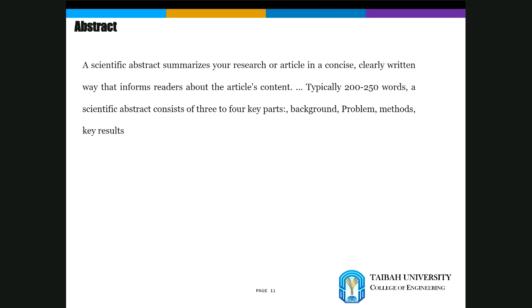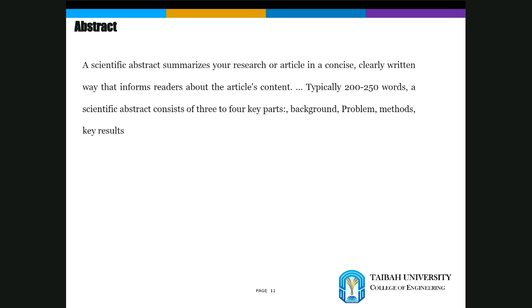So make it short, like from 150 to 200 words. If it's short, what do I need in this short paragraph? Three things. Background. What I mean by background is just 1 or 2 sentences.